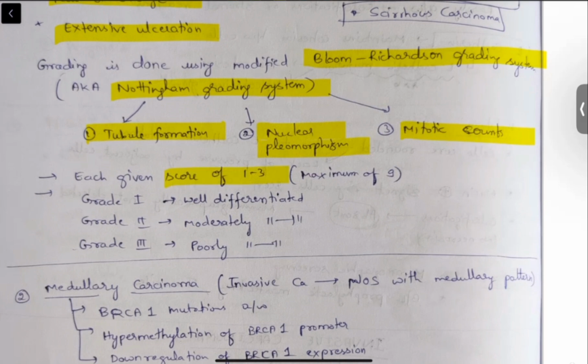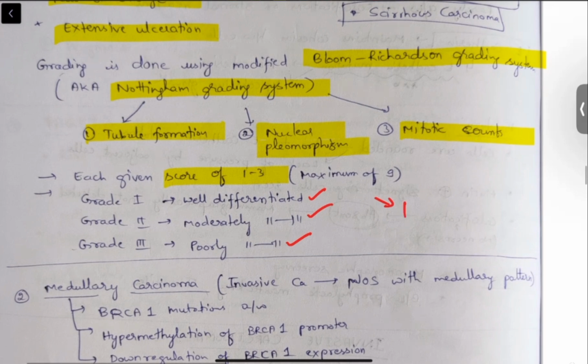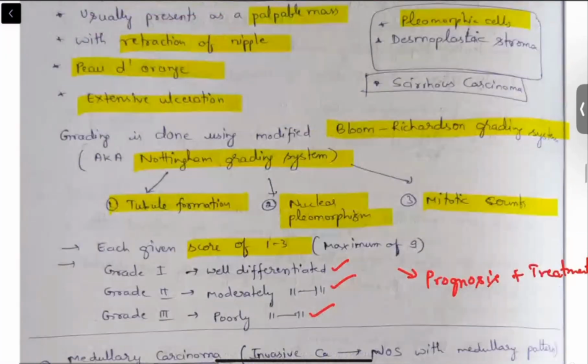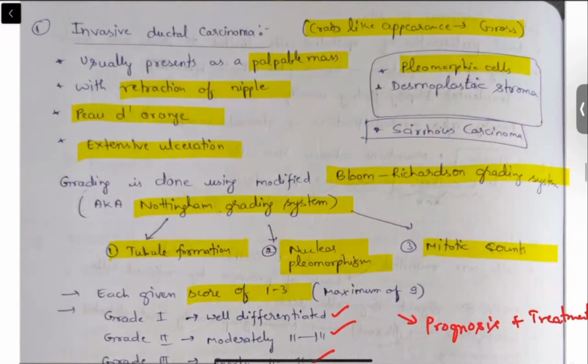Under this, it is classified as grade 1, grade 2 or grade 3 tumor. Grade 1 is usually well differentiated, grade 2 is moderately differentiated, and grade 3 is poorly differentiated. Based on this we can judge the prognosis and treatment, hence this grading is important. So this was about invasive ductal carcinoma or typical ductal carcinoma.